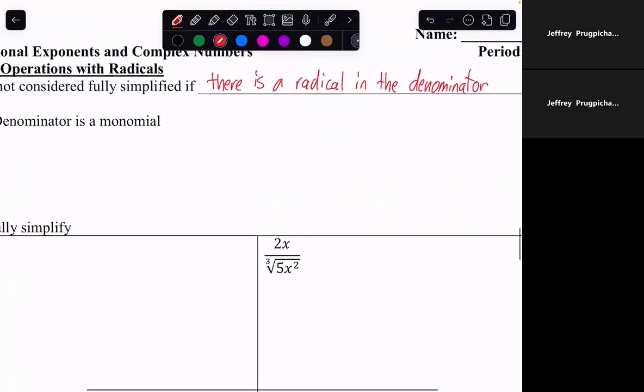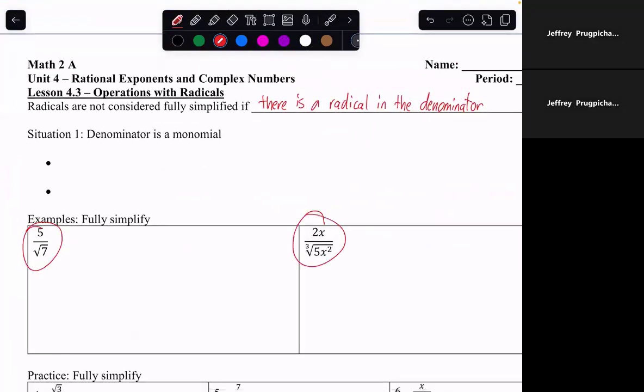Okay, so looking ahead, right, neither of these would be considered simplified because they both have some type of radical in the denominator of a fraction.